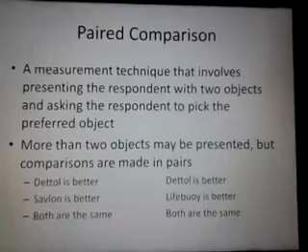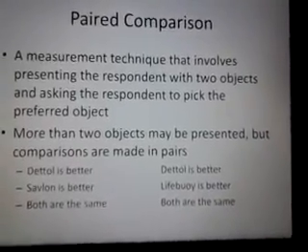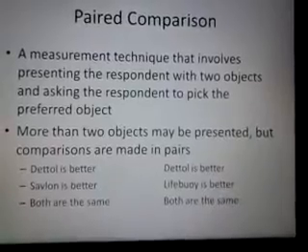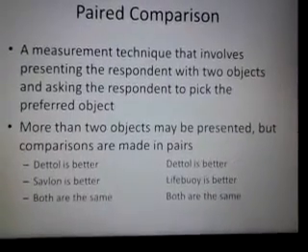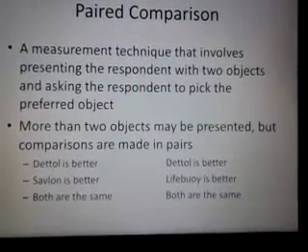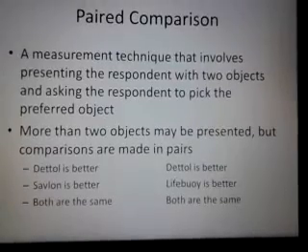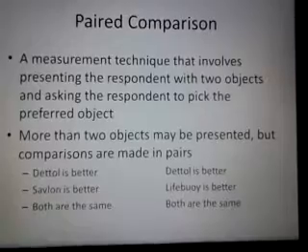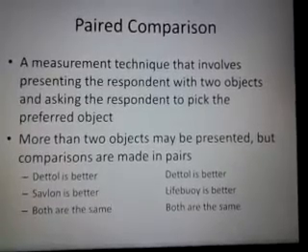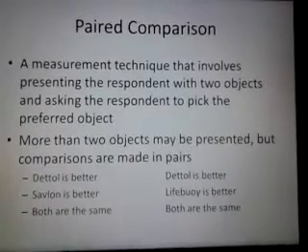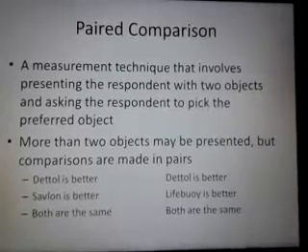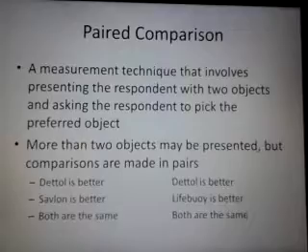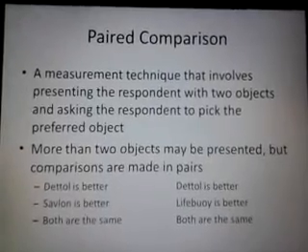Then in another question we can ask: Dettol is better, Lifebuoy is better, both are the same. So first we can compare one pair, Dettol and Savlon, and in the second question we can compare another pair, Dettol and Lifebuoy. So on the basis of these answers we can find out which particular brand out of these three is most preferred or perceived better.